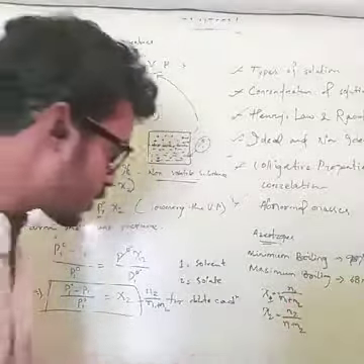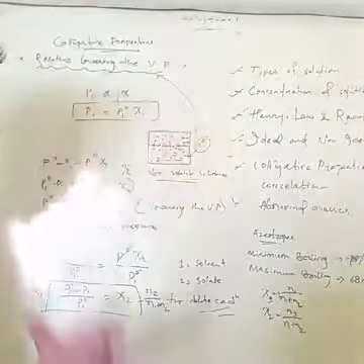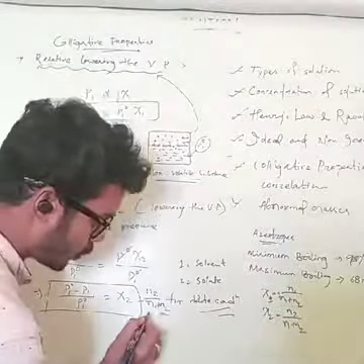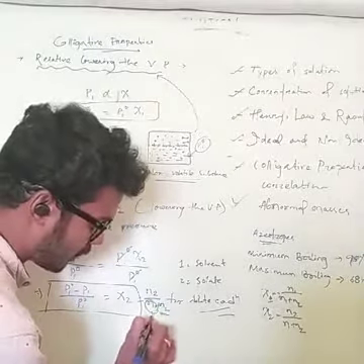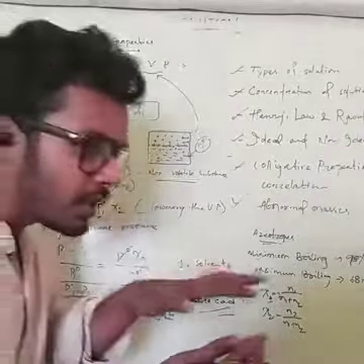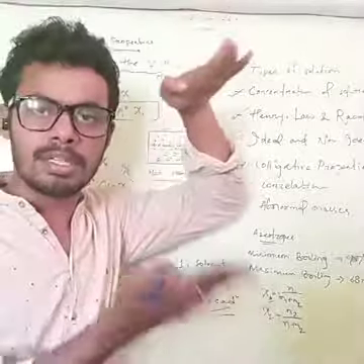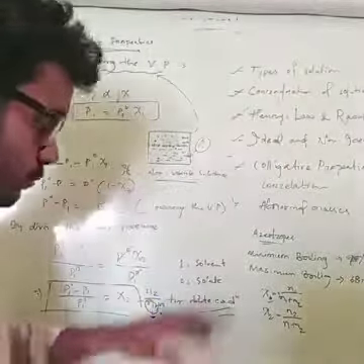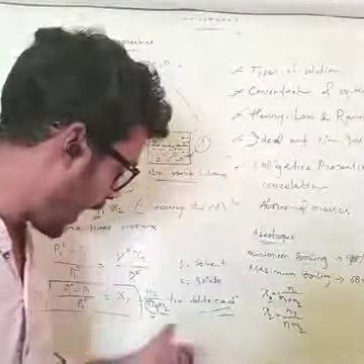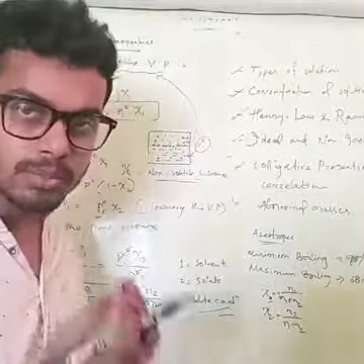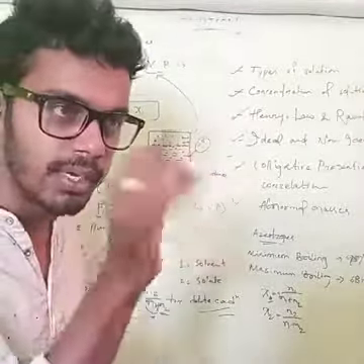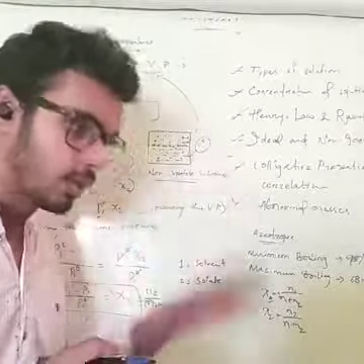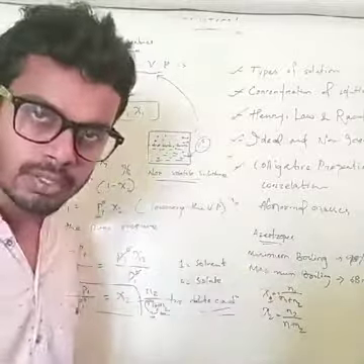Okay, so in case of a dilute solution, suppose n1 is very large, the solvent is very large, a large amount of solvent is present in the solution, and n2 is a very small amount of non-volatile solute you are adding. Will it make any difference over there?